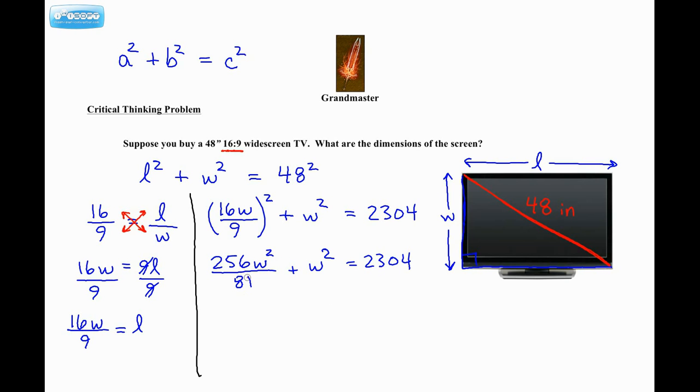Okay. And so there's only one fraction present here with a denominator of 81. So what I'm going to do is multiply both sides of this equation by 81. I'm just going to squeeze that in here. So when I apply the distributive law, 81 times 256W squared divided by 81, well, these 81s are just going to cancel.